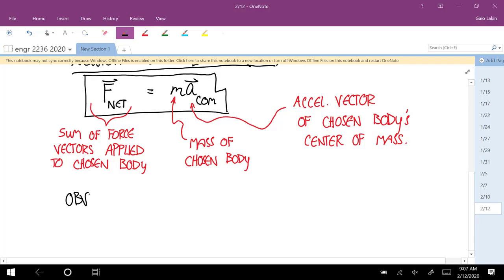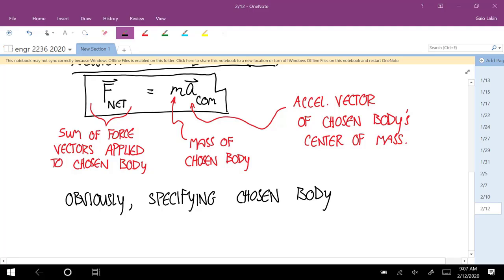So obviously, specifying, and being clear about what your chosen body is, is a key step.